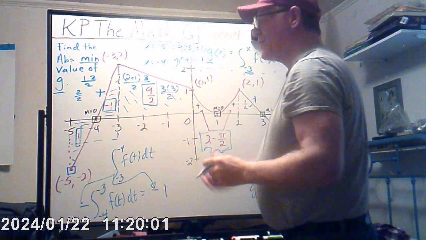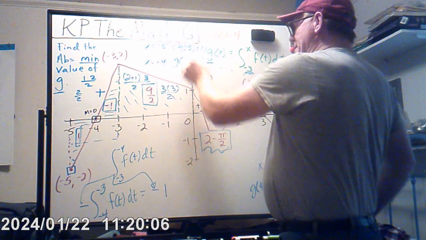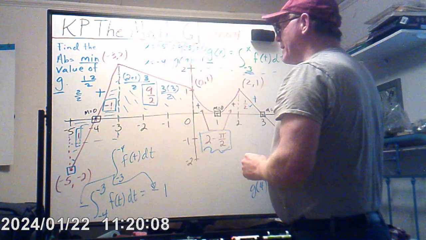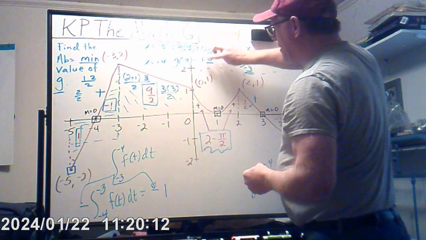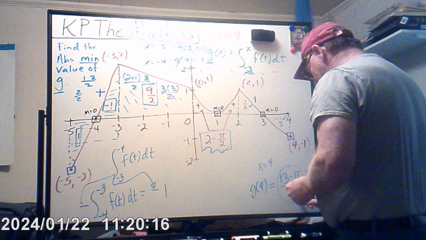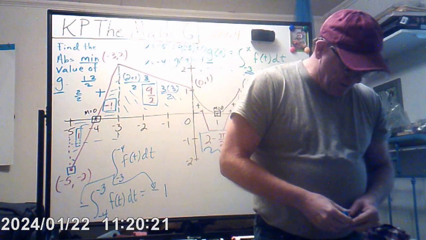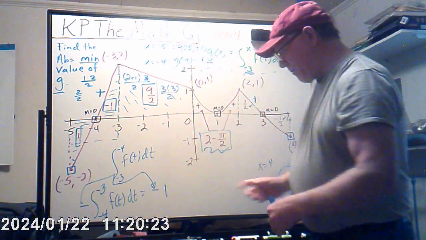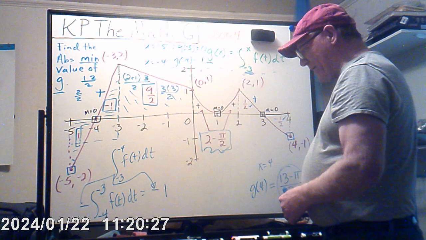Now we're looking for the absolute minimum. We're looking for the smallest G. We're comparing 0, negative 1, and 13 minus pi over 2. I already know this is greater than 0. We know this is positive.